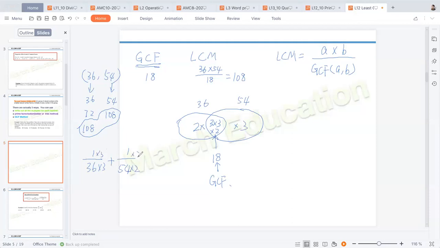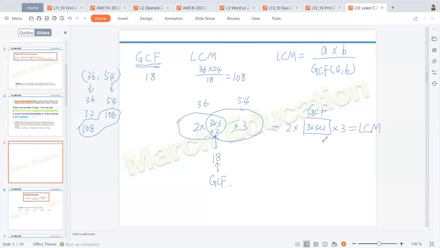It is something like finding the common denominator. So the least common multiple should equal 2 times the common part, the GCF, 3 times 3 times 2, times 3. Okay, this is what? LCM, right? This is LCM.